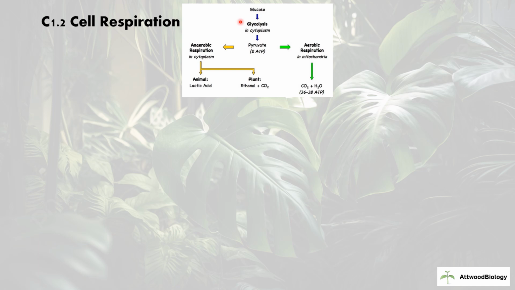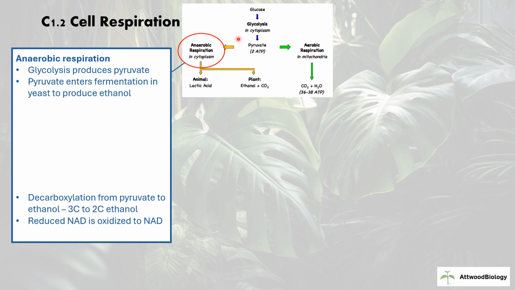Okay, so back to this graphic here. So we've got our glucose moving into glycolysis. We've produced our pyruvate so far, and we know how that happens. We're going to have a little look at what happens in anaerobic respiration. So this occurs in the cytoplasm. The pyruvate's been produced, and then the pyruvate enters fermentation in yeast to produce ethanol. So we can see here you've got glucose producing the pyruvate, and then fermentation is occurring to produce ethanol.